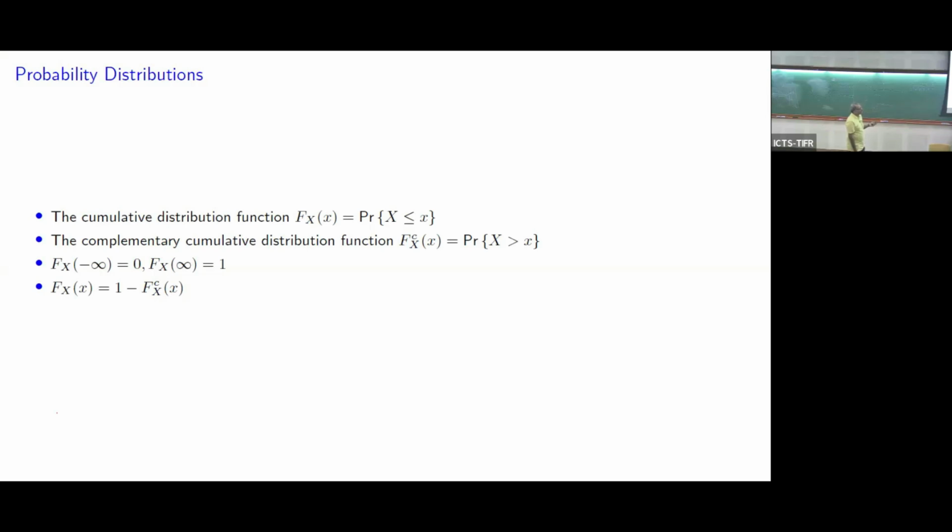Instead of looking at the probability of the random variable taking a particular value, you look at the probability of the random variable taking values less than or equal to something. That is the cumulative distribution function. And if you look at the probability of the random variable taking more than a value, that is the complementary cumulative distribution function.